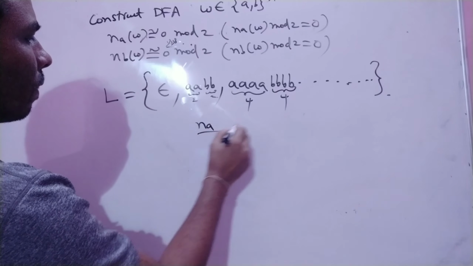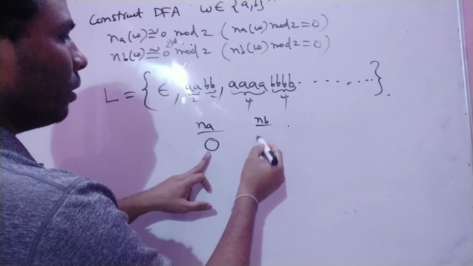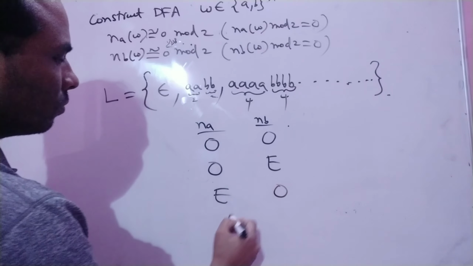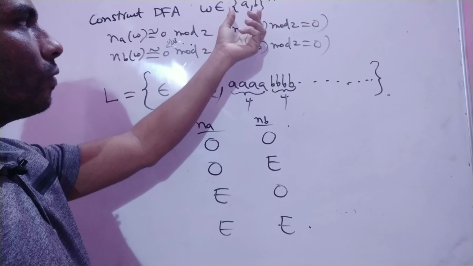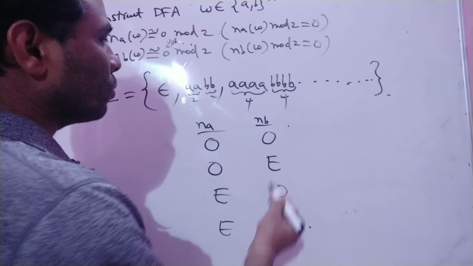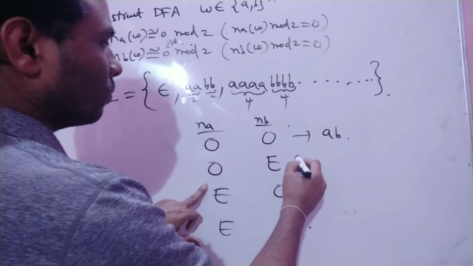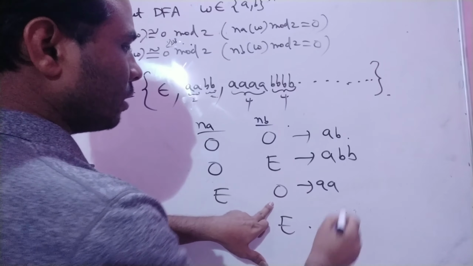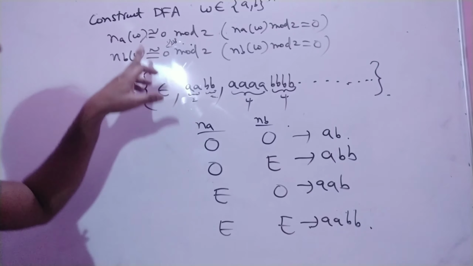The number of a's may be odd or even, and the number of b's may be odd or even. So from the set of strings, these are all the possibilities: a is odd and b is odd, a is odd and b is even, a is even but b is odd, and both are even.